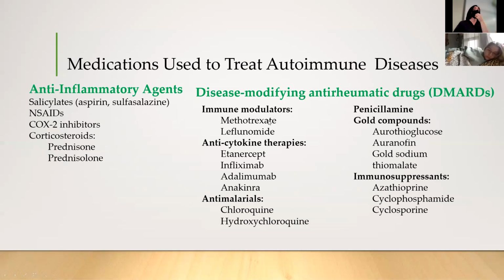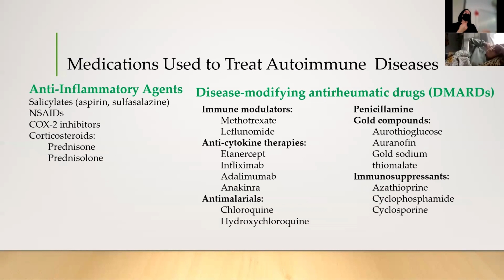You guys have probably seen patients that are on that. That's one that I've seen throughout my career. And then of course hydroxychloroquine, and then the immunosuppressants, cyclosporin, and penicillamine, a gold compound. I can't say that I ever really remember having patients on those.